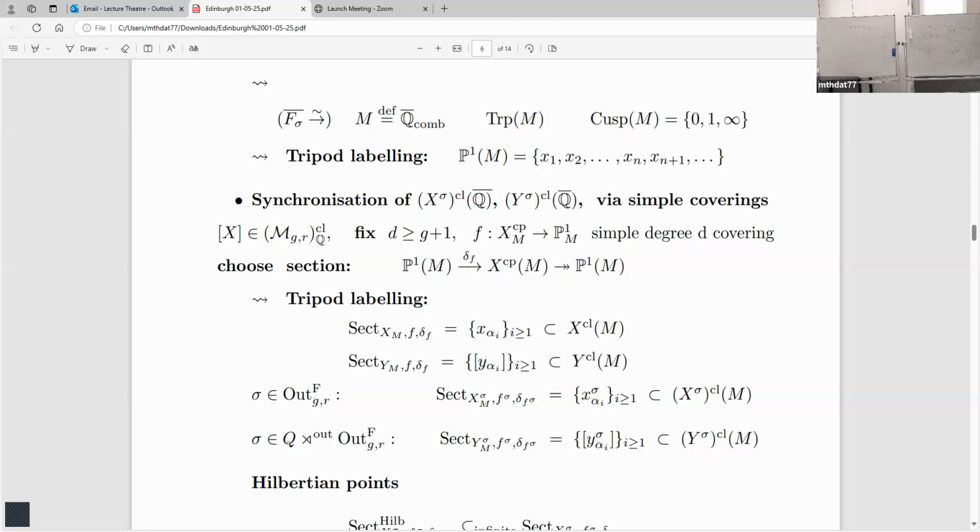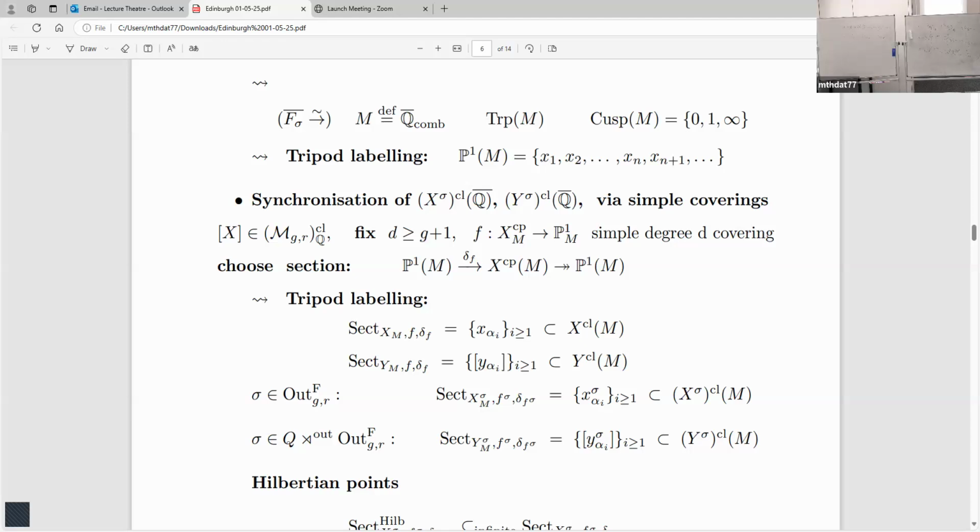P1. So simple means that in the fiber of every point, all points are unramified apart from one with ramification index 2. And then you choose a section of this projection, right? So M-valued points here project onto P1, and you choose a section, and if you look at the image of such a section, you get an infinite set of closed points of X which are labeled.